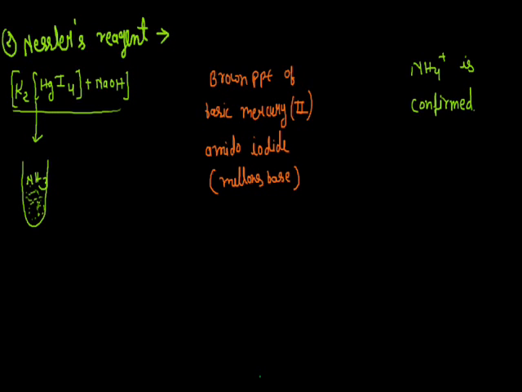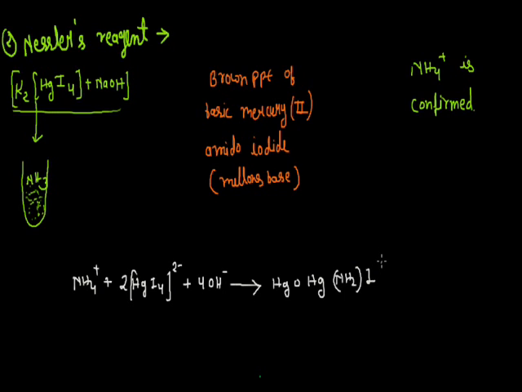The chemical reaction involved is: the ammonium radical reacts with Nessler's reagent, tetraiodomercurate, in the basic medium, which is due to the NaOH, and after the reaction it gives the brown PPT of iodide of Millon's base, whose formula is Hg2O NH2 I, forming the brown precipitate, plus 7I minus plus 3H2O.